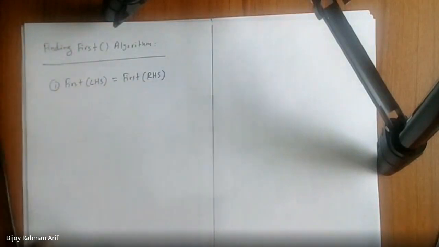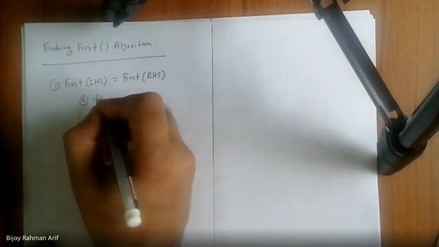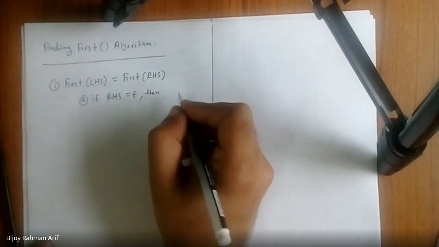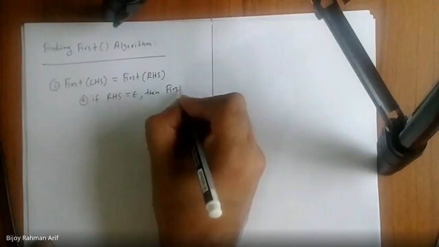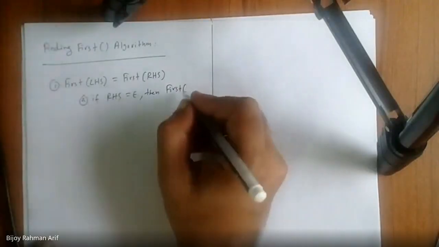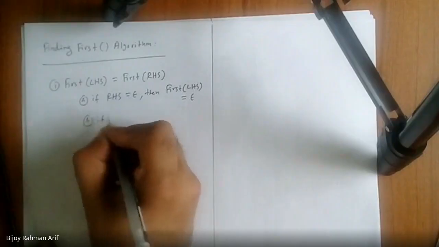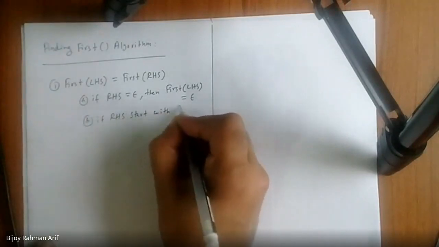Am I right? If the entire RHS is epsilon, then first of LHS is equal to epsilon. Number two, if RHS starts with a terminal, then first of LHS is that terminal.